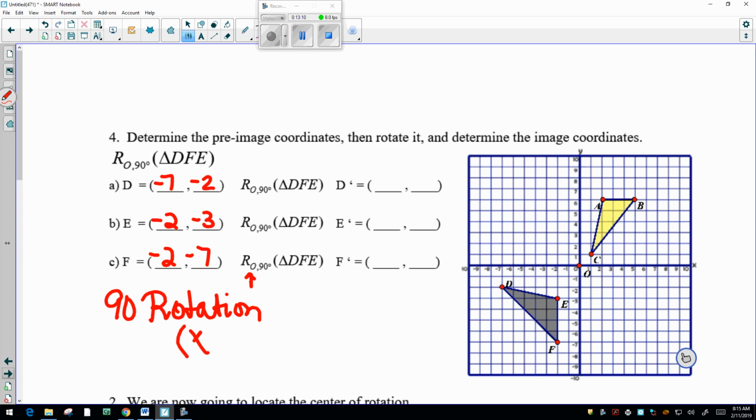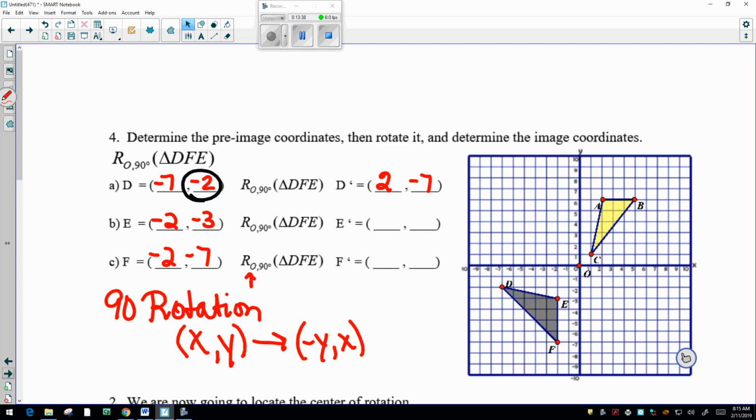So for our 90-degree rotation, we start with a coordinate, and when we're done, we flip the order and negate whatever was y, or change the sign. So if I start with D, I want to flip the order, and I want to negate our y coordinate. Opposite of -2 is +2. And then my x value just becomes my y value.